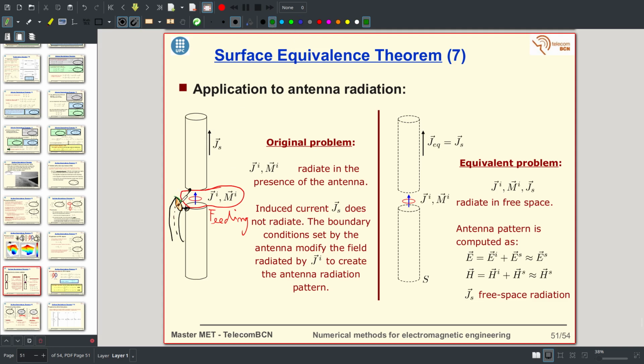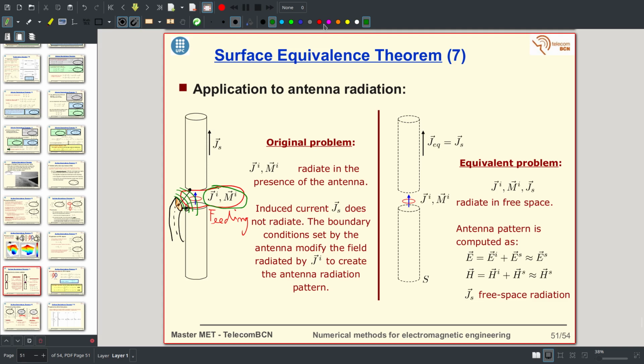These currents radiate a field that is the incident field. So in the original problem, the only currents that radiate are the impressed currents that produce the incident field in free space, or the total field, the real field in presence of the antenna.